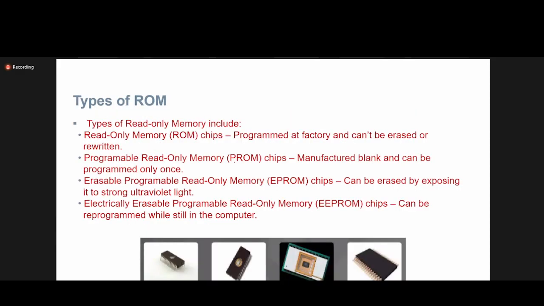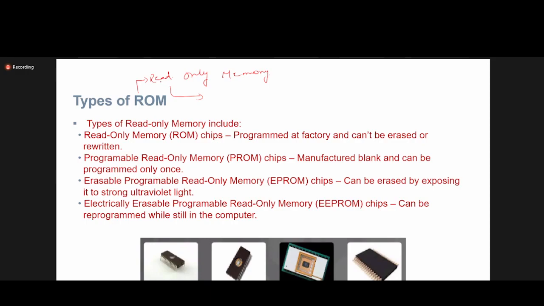So there are some other types of ROM. Basic ROM, simple ROM, read-only memory. As the name indicates, read-only memory means the processor can only read; in terms of the processor we're talking, not us, right?